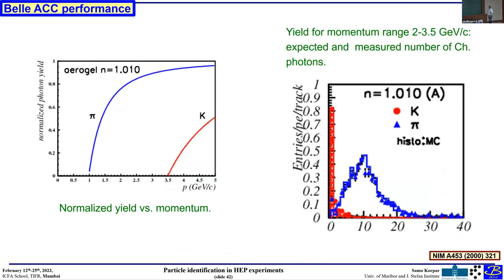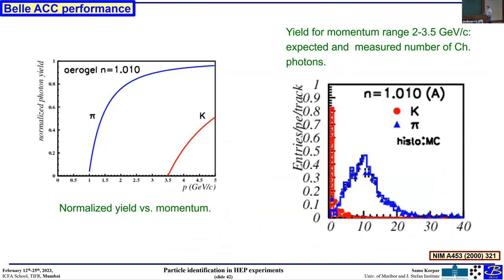And then this is the expected photon yield. You can see the range for this high momentum region, and you can see the number of detected photons for kaons and pions. You would expect basically 0 photons, but of course, detectors always have some side effects.